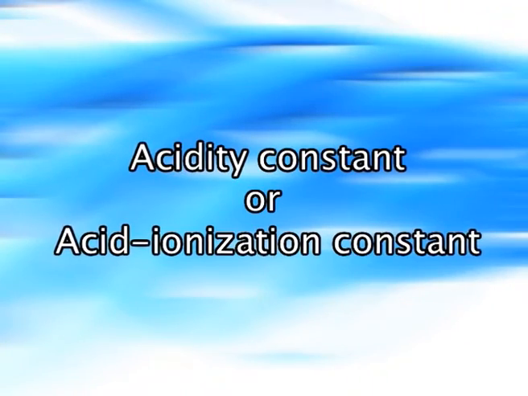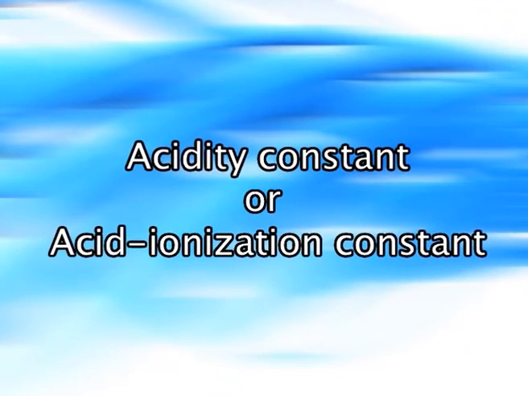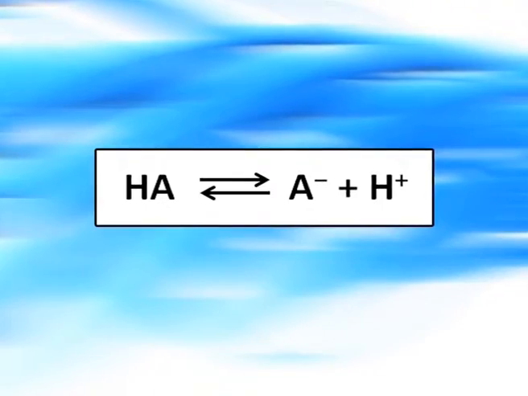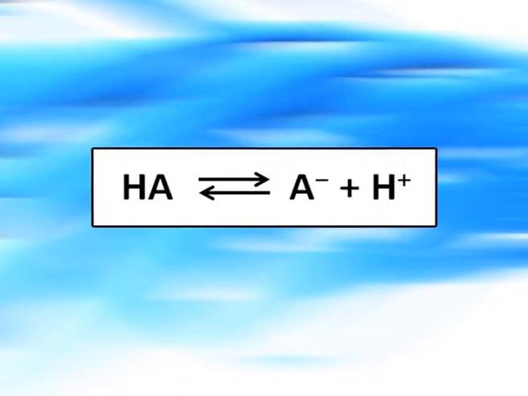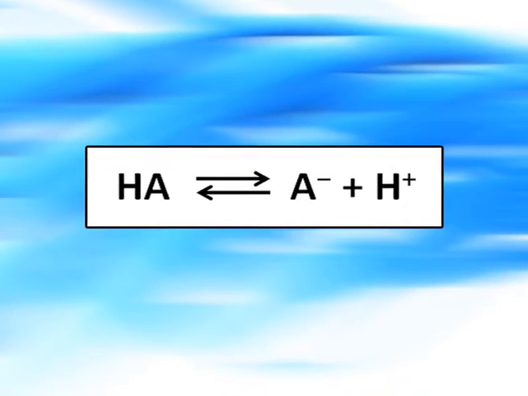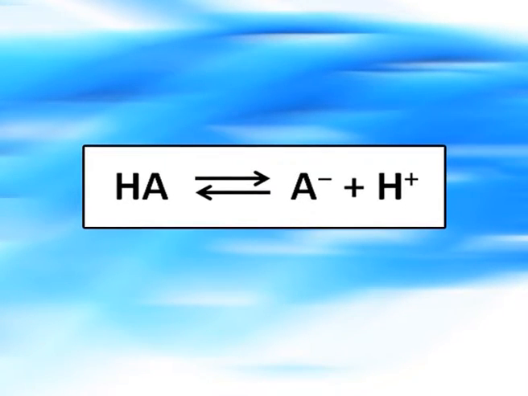An acid dissociation constant Ka, also known as the acidity constant or acid ionization constant, is a quantitative measure of the strength of the acid in solution. It is the equilibrium constant of the dissociation reaction, and for a generalized acid HA, it can be written that HA reversibly dissociates to form A minus, the conjugate base, and the proton H plus.